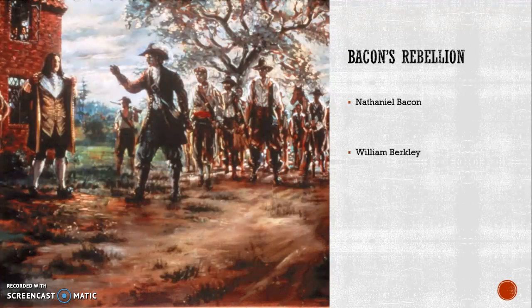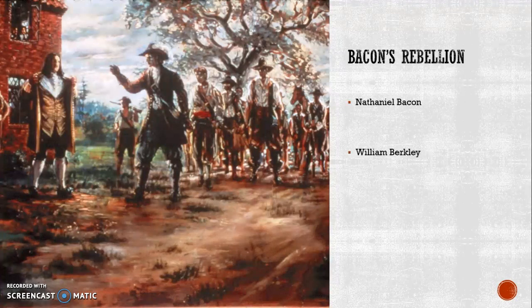Well, Bacon is going to basically call up an army to fight against Berkeley now and rebel against him. He uses an army of indentured servants as well as slaves. He essentially promised them freedom to any who fought with him.